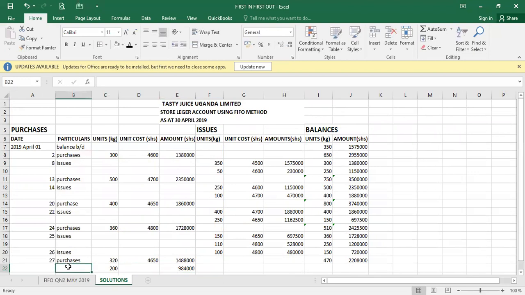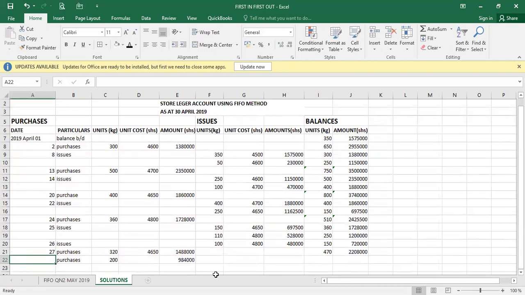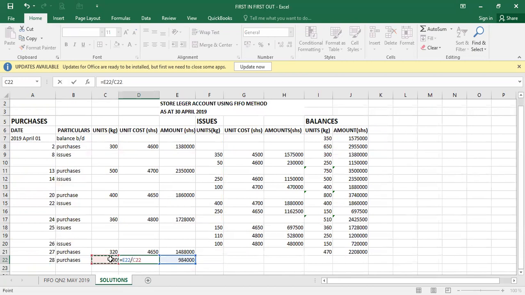So these are purchases that happened on 28th, and we need our unit cost. It will be this divided by this. We adjust our stock, cost this plus this.